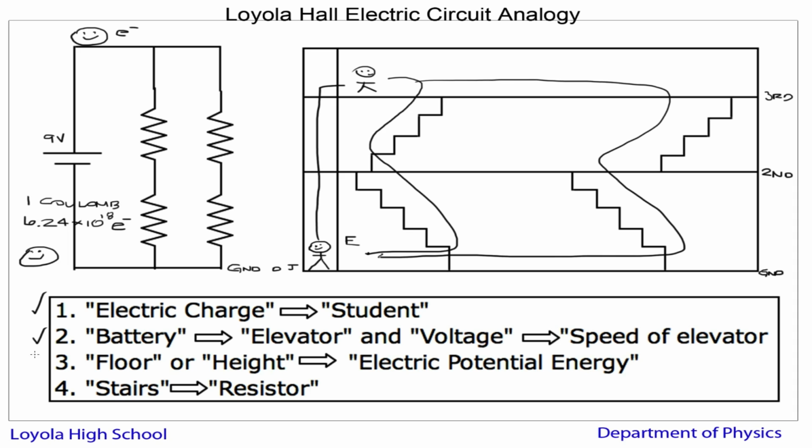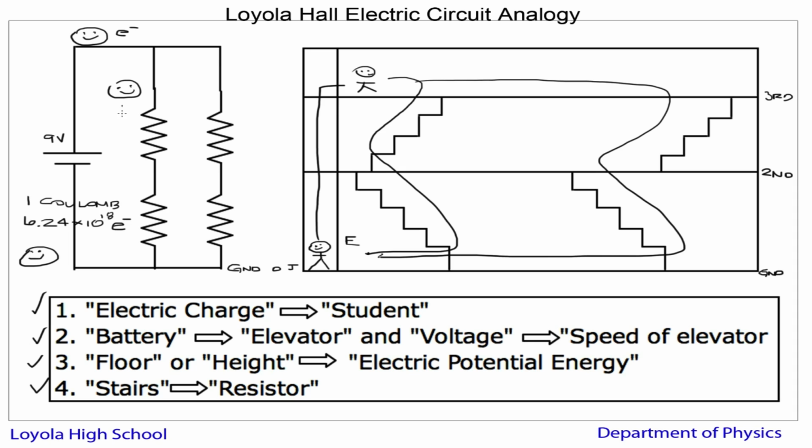And then finally, the last thing are the stairs. Stairs are like the resistors. In our lab, these have been light bulbs. They could be a heating element to generate some heat, like a heater, or maybe a speaker to generate sound. So in our building, the stairs are where we lose energy. In a circuit, when these coulombs of charge go through a resistor, they can give off heat, light, or sound.